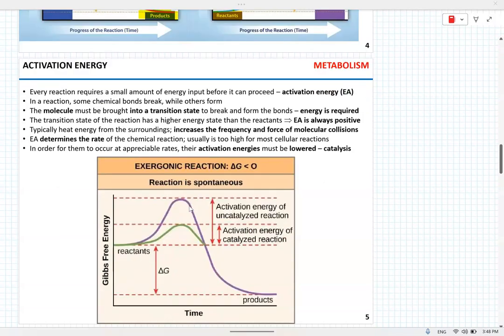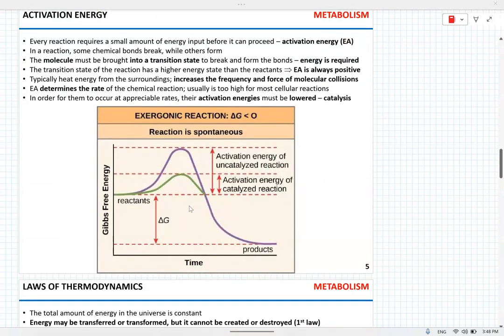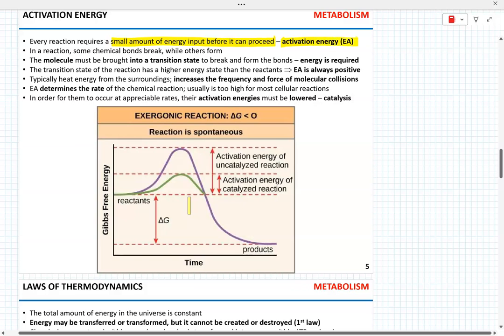Another important parameter that characterizes chemical reactions is activation energy. Every reaction needs a small amount of energy to start. It is called activation energy. So every reaction is characterized by breaking and forming a certain number of chemical bonds.